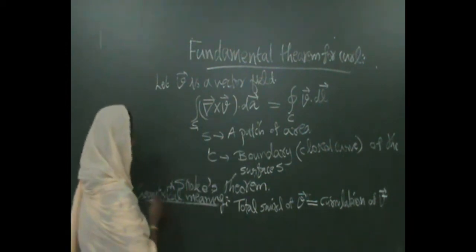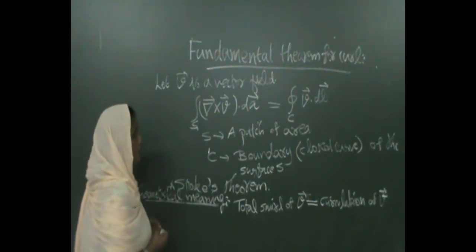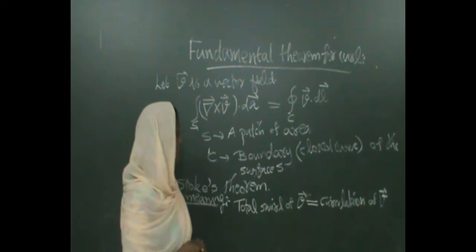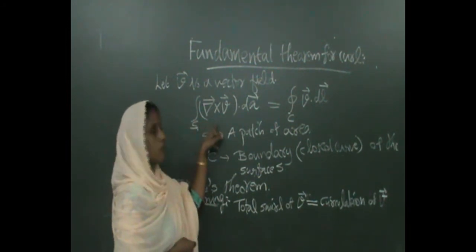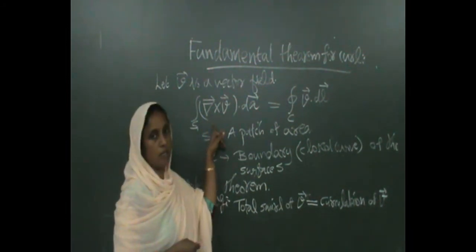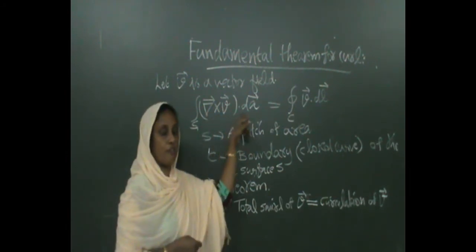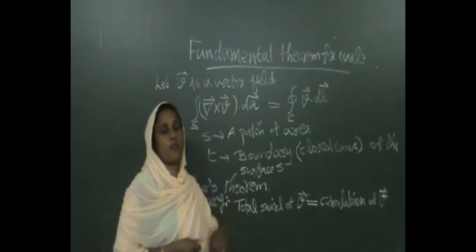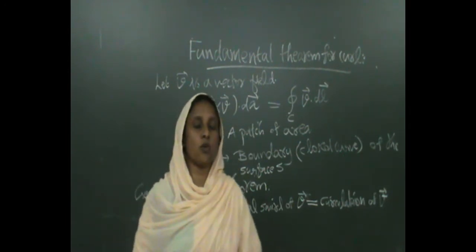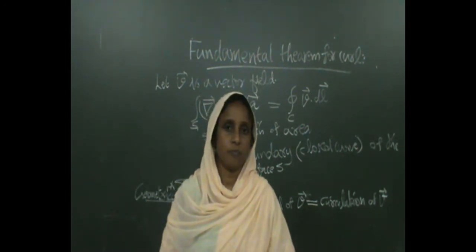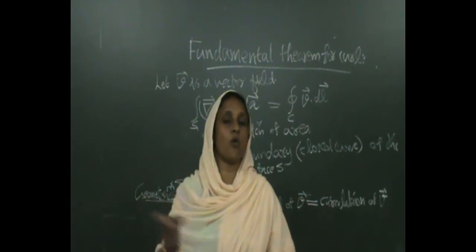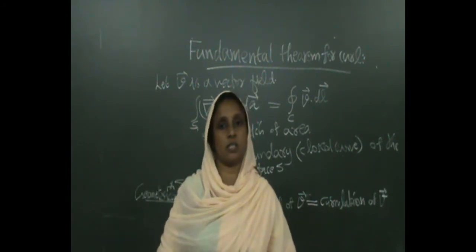Another point you have to remember in this context is that the surface integral of the curl of a vector is always independent of the surface chosen. It depends only on the boundary of the surface.